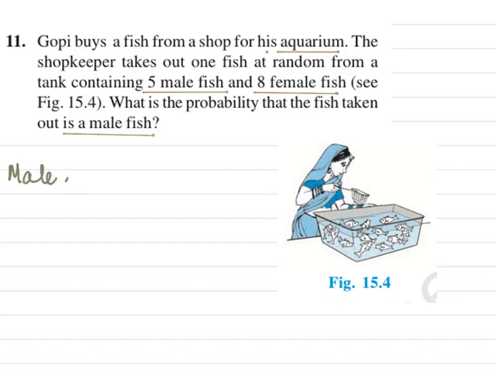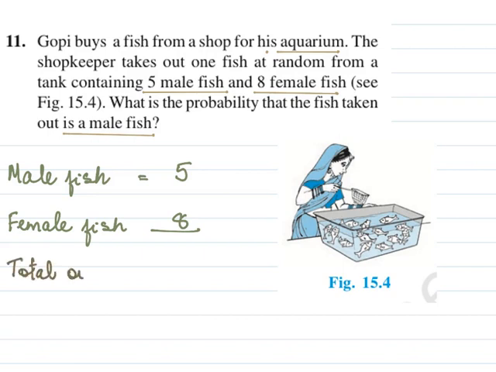So we have 2 kinds of fish, the male fish and the female fish. And as the sum says, there are 5 male and 8 female. So 5 and 8. So total outcome will be 5 plus 8, and that is 13.